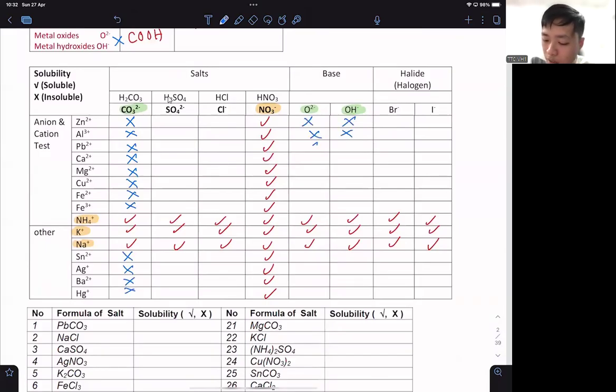But notice some of them are ticks, because the first priority is the Na, K, NH4 salts. Carbonate salt has an exception: when you meet these three, it will be soluble. Don't give me Na2CO3 insoluble. No, Na2CO3 is soluble, because the Na is the most important one. So you do all the crosses.